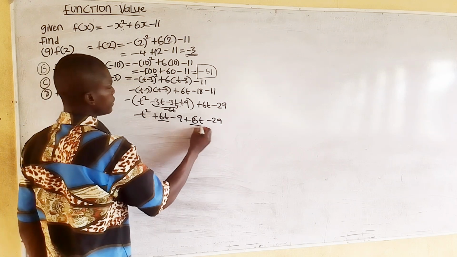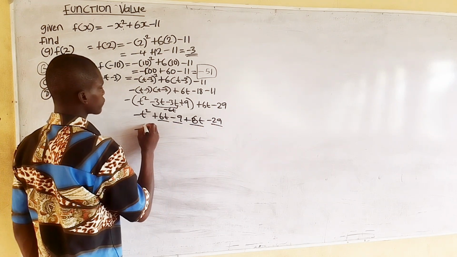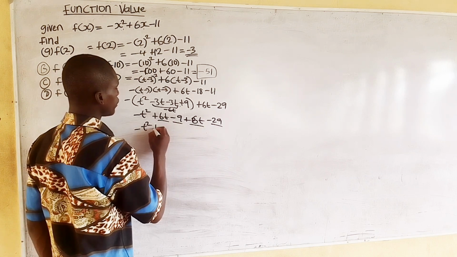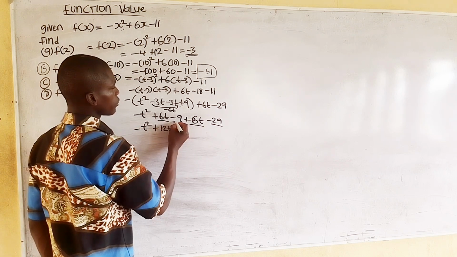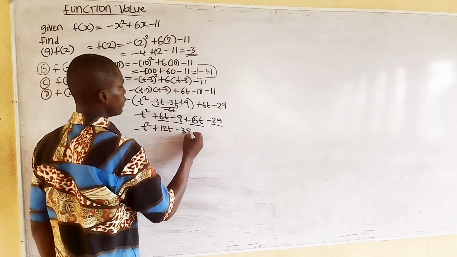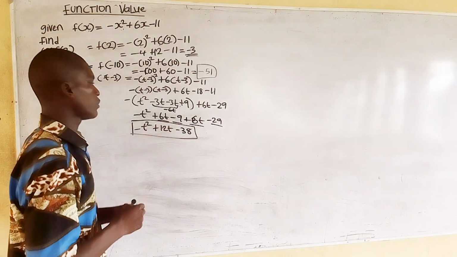Then you can add this with this. Then minus t squared. 6t plus 6t will give you 12t. Then minus 9 minus 29 will give you minus 38. And this is our last answer for this question.